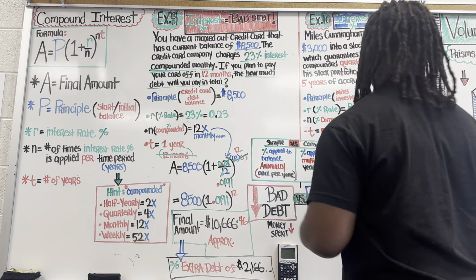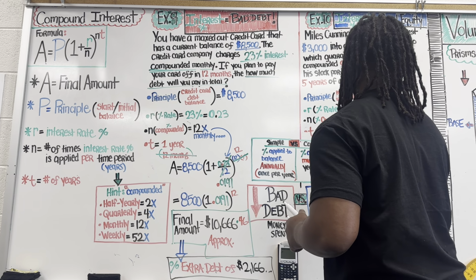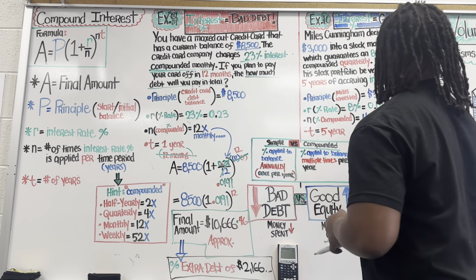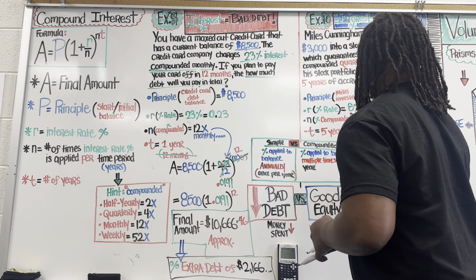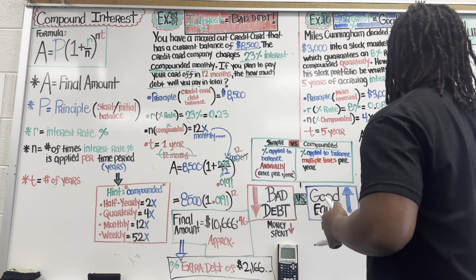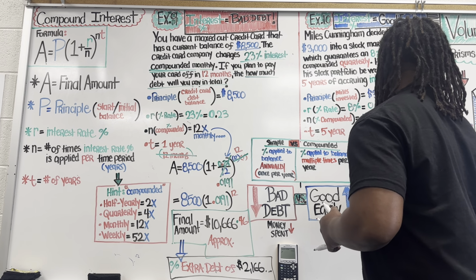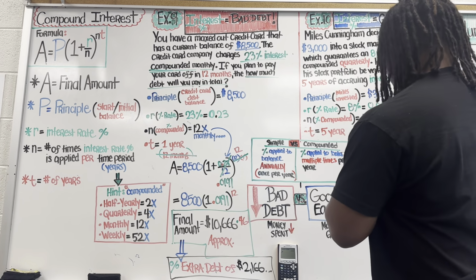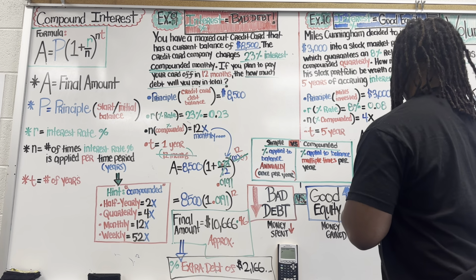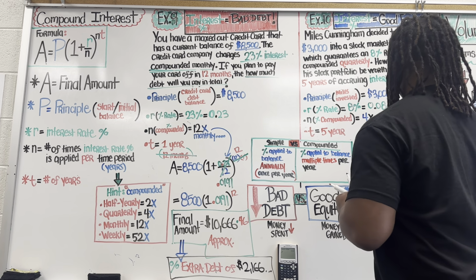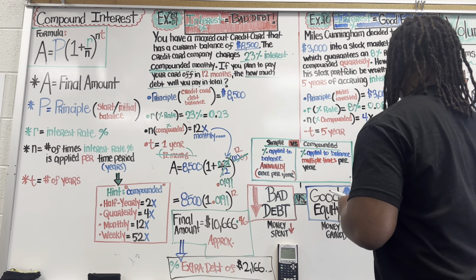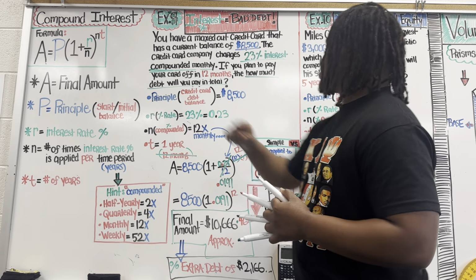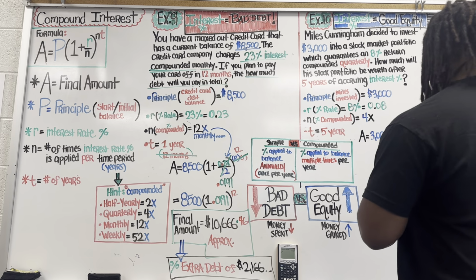I'm going to do the same thing. I have A equals the principal. The principal is $3,000 times parentheses 1 plus the interest rate, which is 0.08 or 8%, over the number of times it's compounded, which is n, this is 4, so over 4.